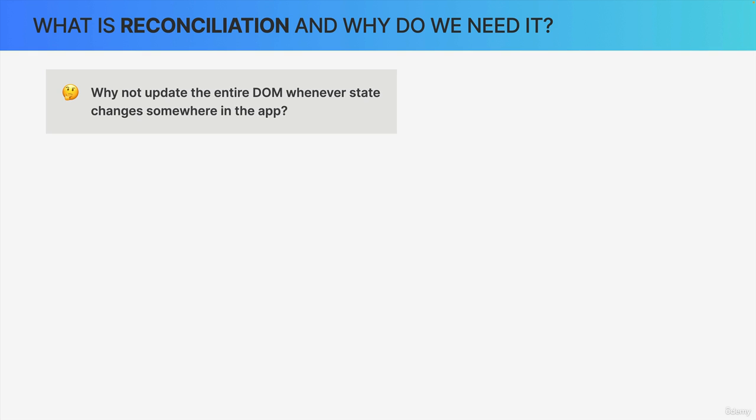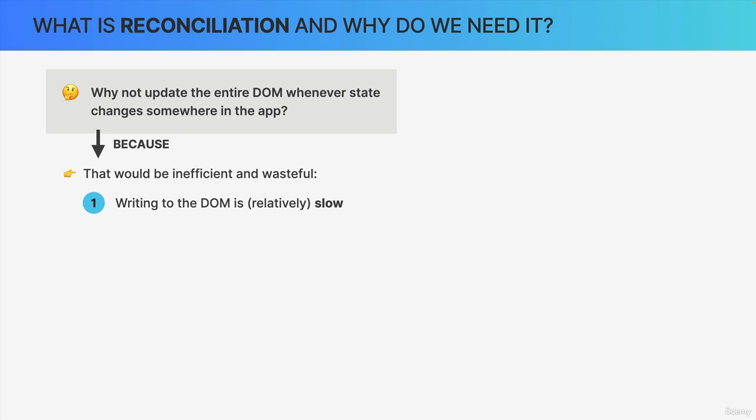Remember how we said that creating the virtual DOM, so the React element tree for the entire app, is cheap and fast because it's just a JavaScript object? Well, writing to the DOM is not cheap and fast. It would be extremely inefficient and wasteful to always write the entire virtual DOM to the actual DOM each time that a render was triggered.